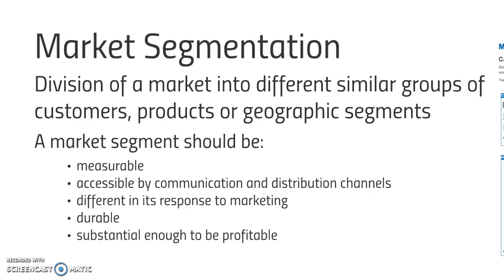I did also want to say that there's also a type of segmentation called business market segmentation. And that is when the businesses are not segmenting the market based on consumers, but rather on variables within the company.